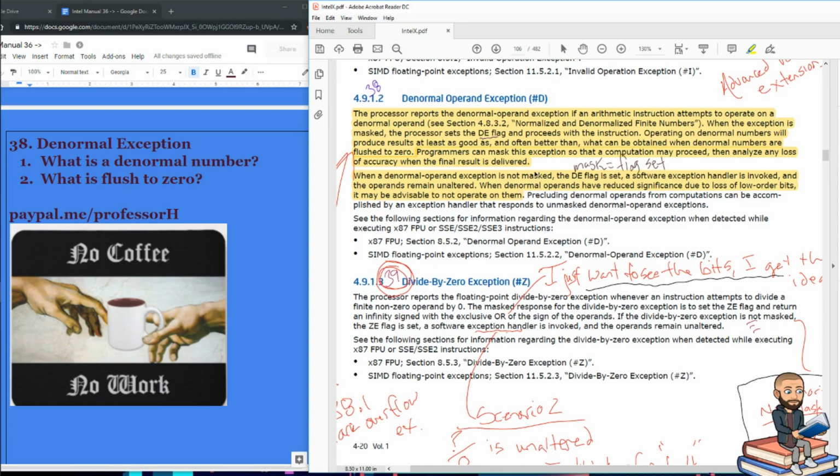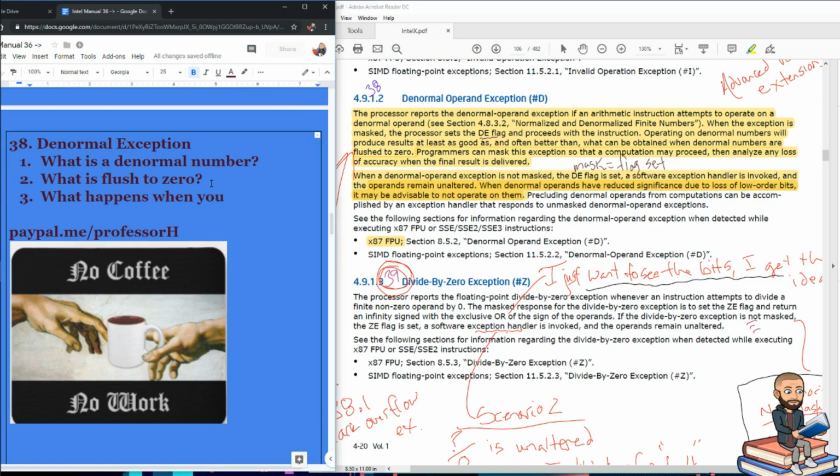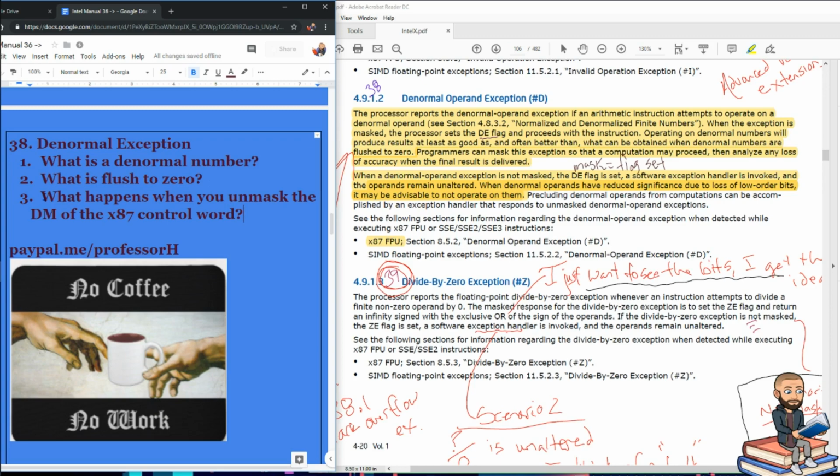You can unmask the control word of the x87 FPU, or at least that bit that handles this denormal operand exception. So if you were to unmask that control word, what will happen is those operands will remain unaltered, and thus there will be no result. So the full question is, what happens when you unmask the DM of the x87 control word?